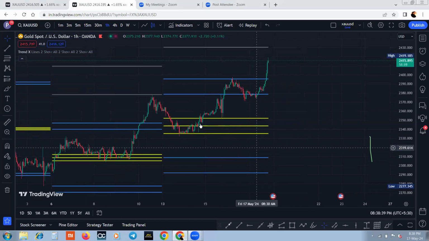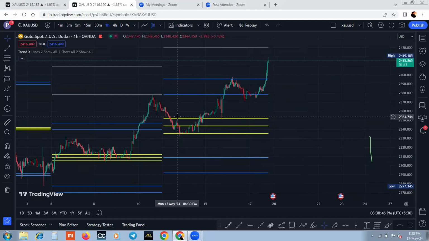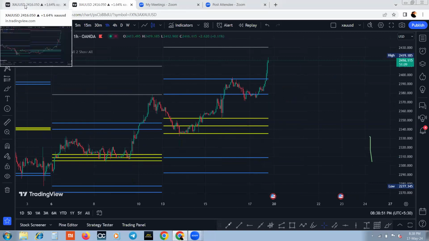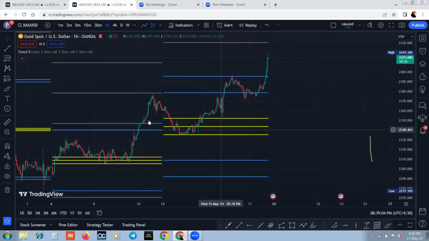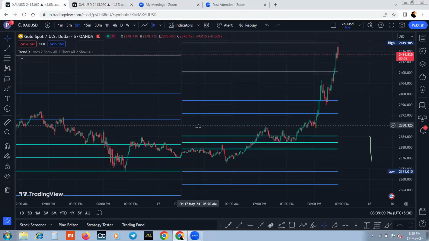So for the time frame we are using, whenever you see the weekly chart like the weekly TrendX, it should be in 1 hour. When it comes to daily, it should be 5 minutes. Okay, in this way I'm going to trade, and everyone should trade in this way only. So this is the procedure we use.